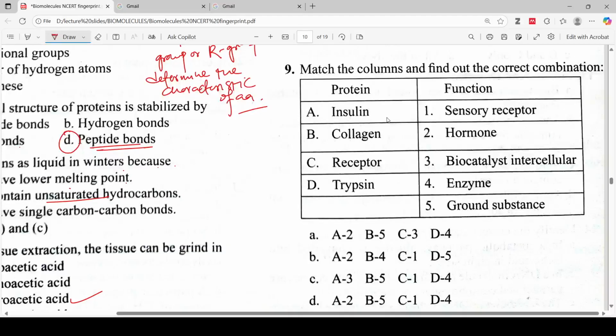Inulin matches with... insulin is matched with hormone, and collagen with receptor, sensory protein, and trypsin with enzyme.